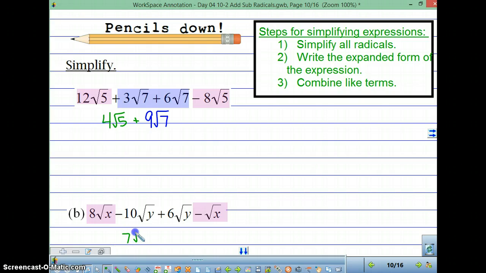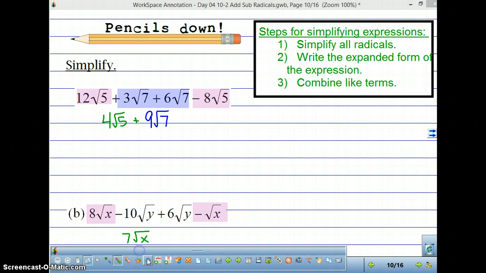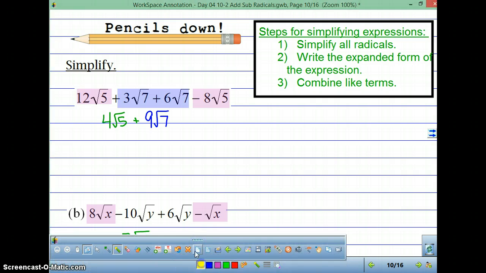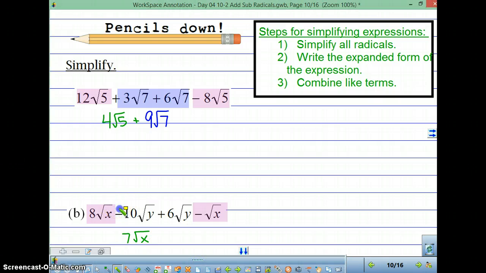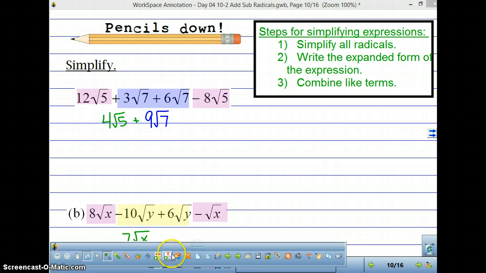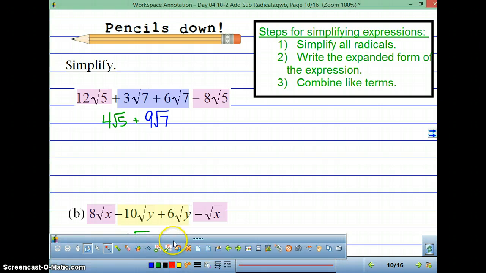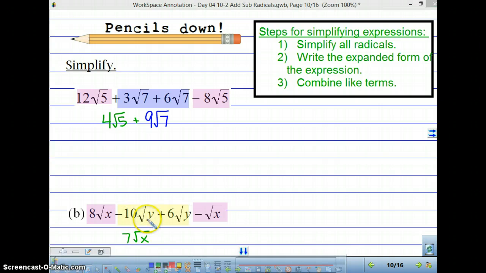That makes 7 root x. And now let's do the root y's. And that's going to end up being negative 10 root y plus 6 root y is negative 4 root y.